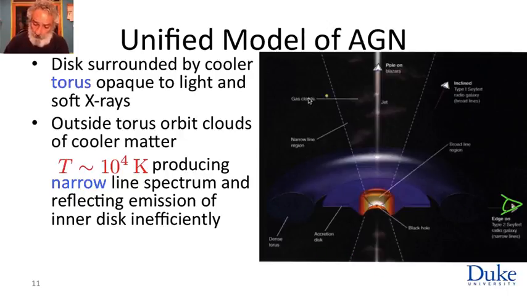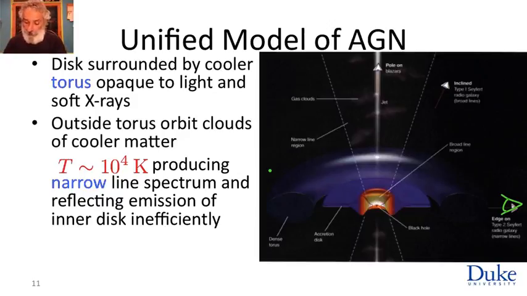Outside this opaque torus, at larger distances, orbit further clouds of matter. Again, we need it to be clumped, and this is where the velocities are slower, since we are farther from the black hole. At these distances, a few tens of thousands or 100,000 Schwarzschild radii, orbit more gas clouds. This is where the narrow line spectrum is produced.